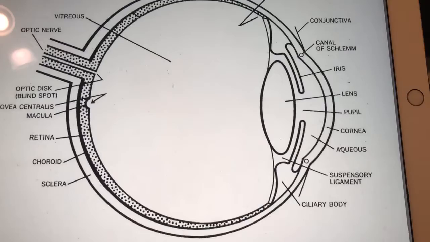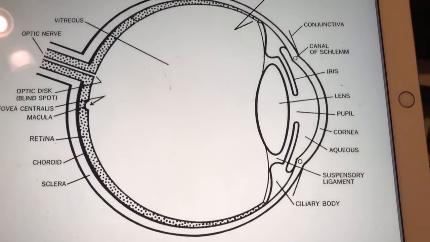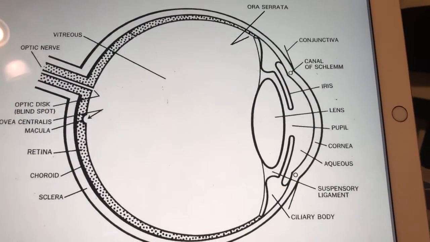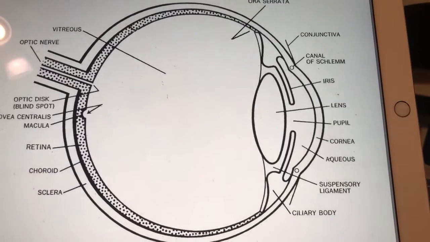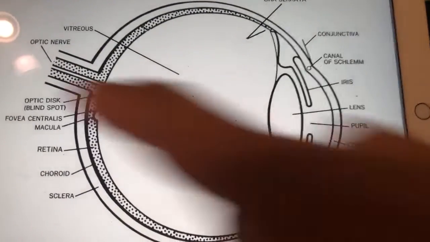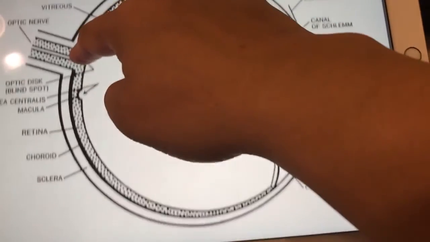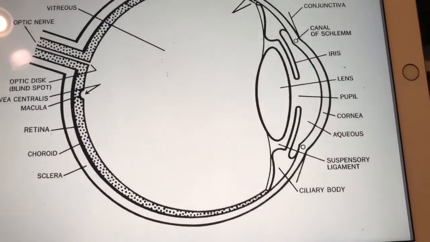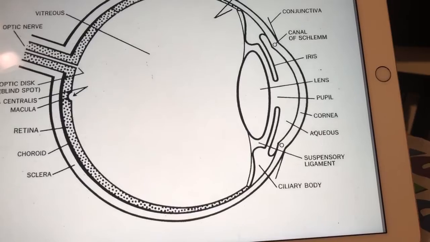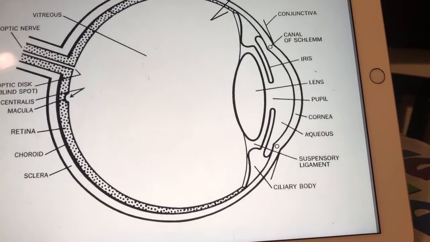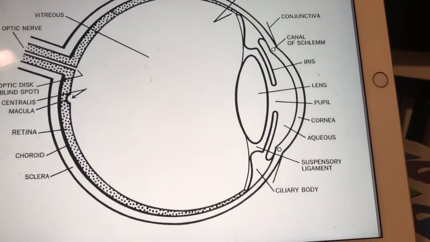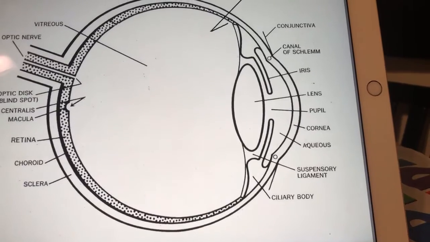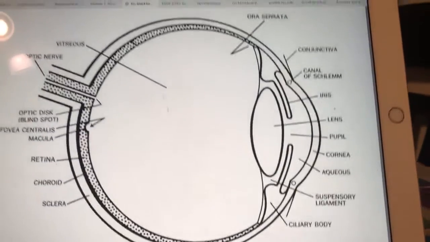The macula, a small thin-out area of the retina consisting almost exclusively of cone photoreceptor cells, provides high visual acuity. It's over on this part here. And the fovea centralis, the central portion of the macula, has the highest concentration of cones. It is only at the fovea that we have 20/20 vision.